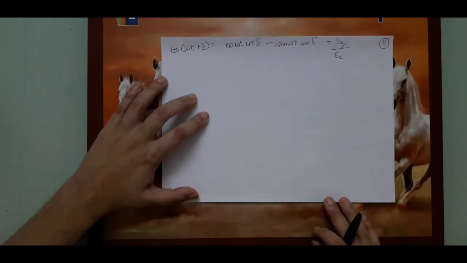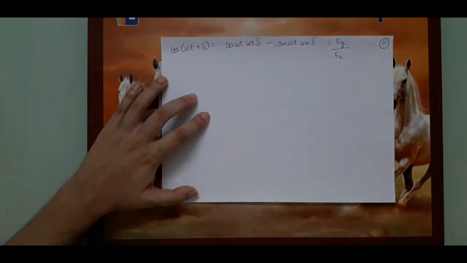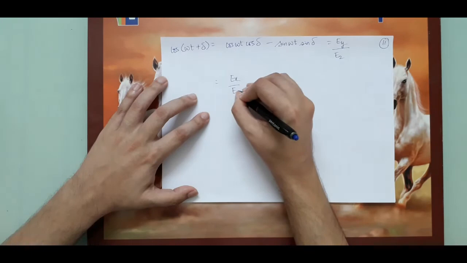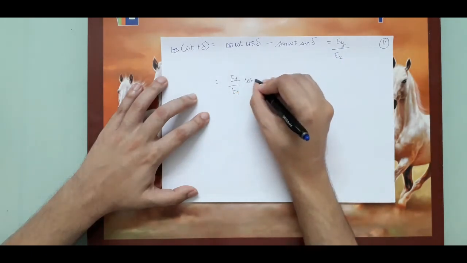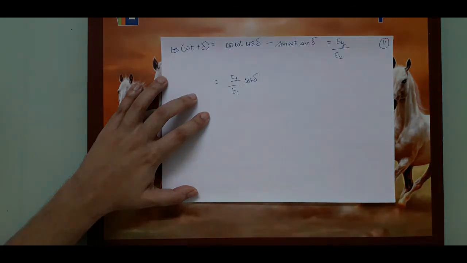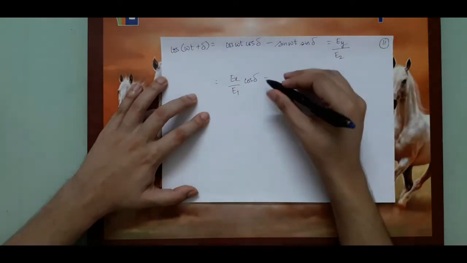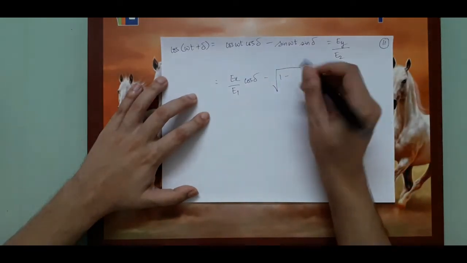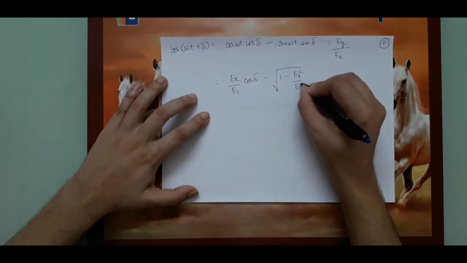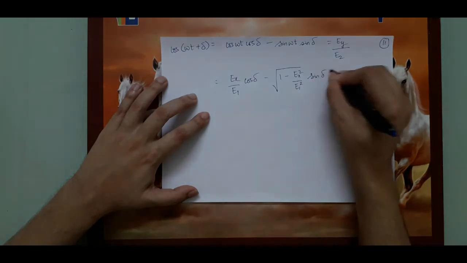That's what we have defined. So we know what cos omega t is. Cos omega t is nothing but Ex by E1. Now once we know cos omega t, we can find out sin omega t also, which is nothing but the root of 1 minus cos square omega t. So this is nothing but 1 minus Ex square by E1 square, times sin delta.